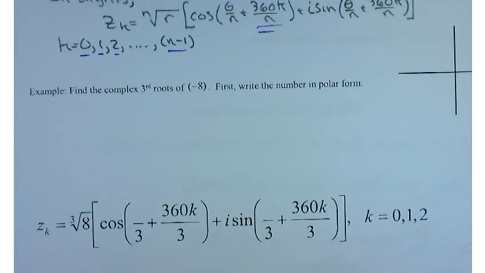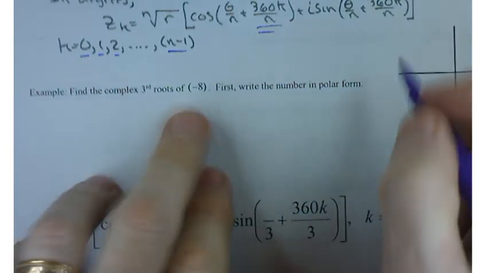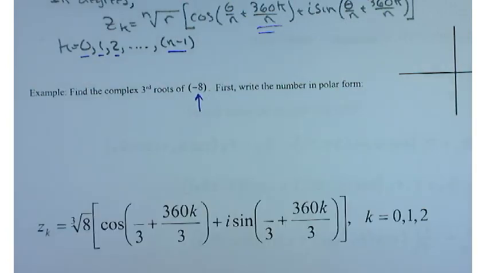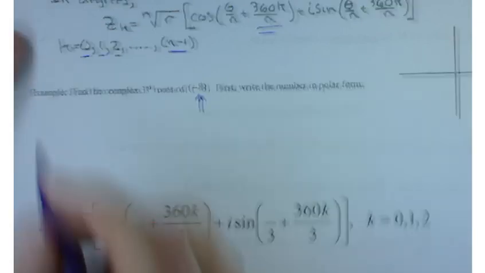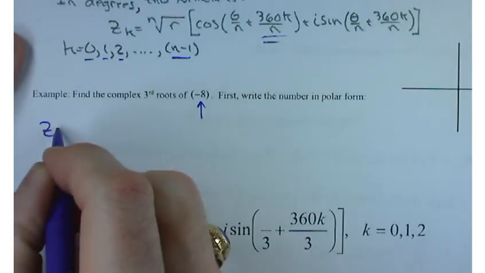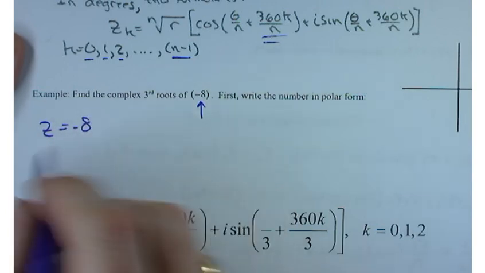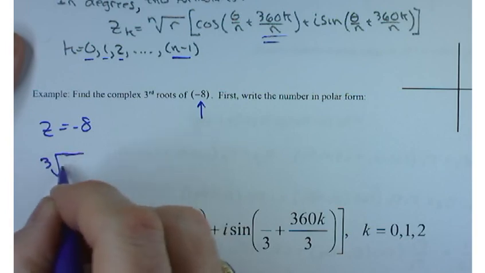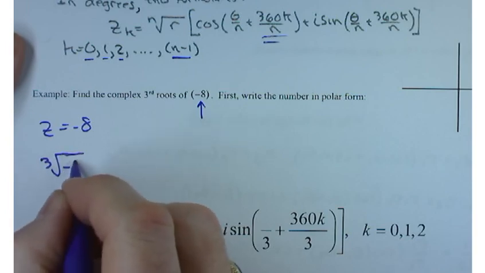All right. Let's start out with -8. In order to find the three complex roots of -8, we're on z equals -8. I want the cube root of z, or the cube root of -8.